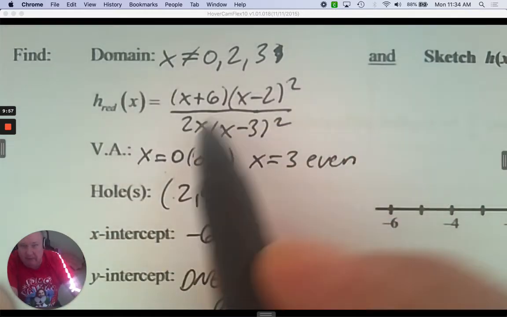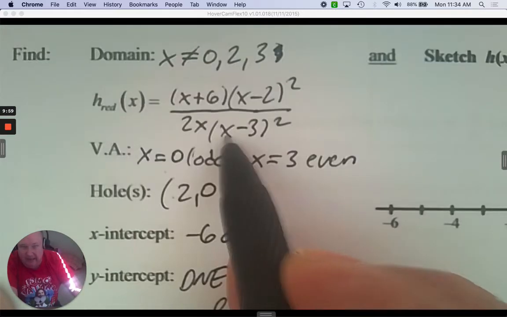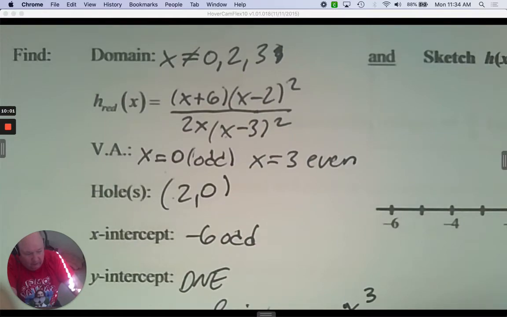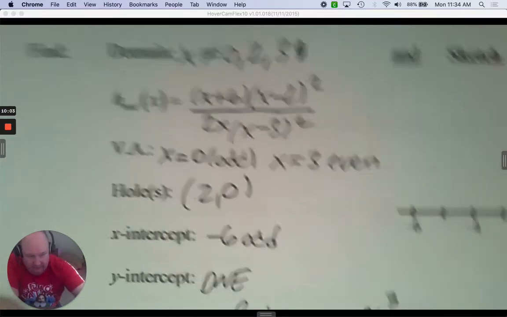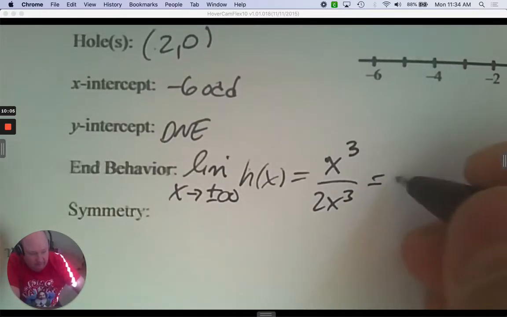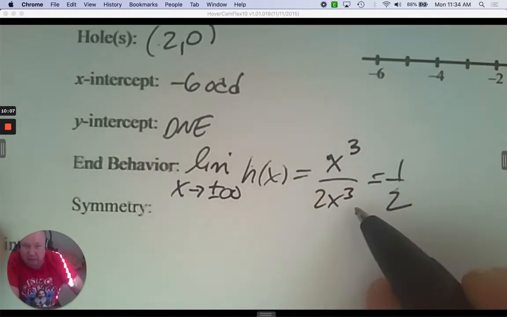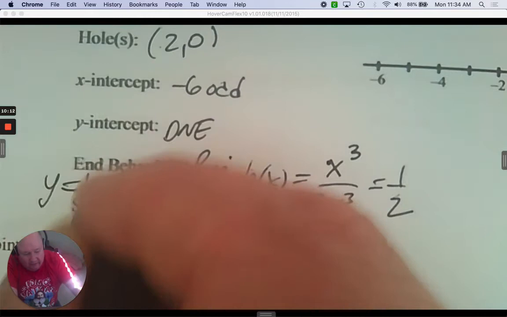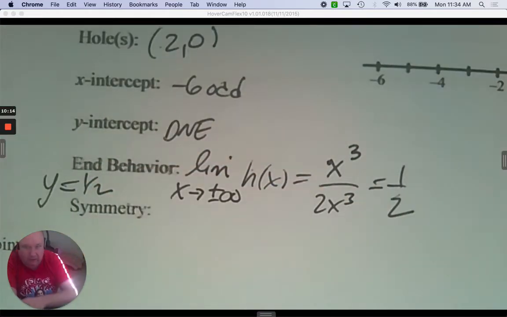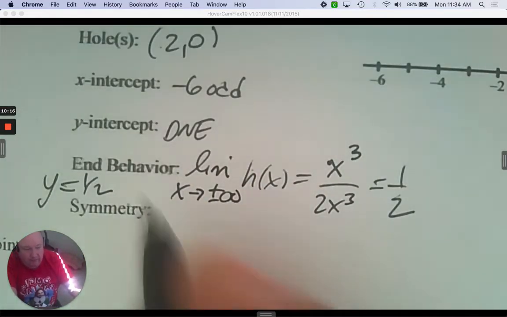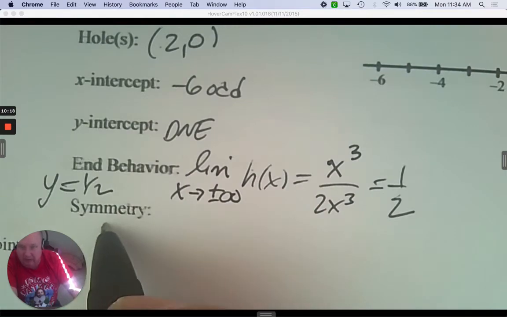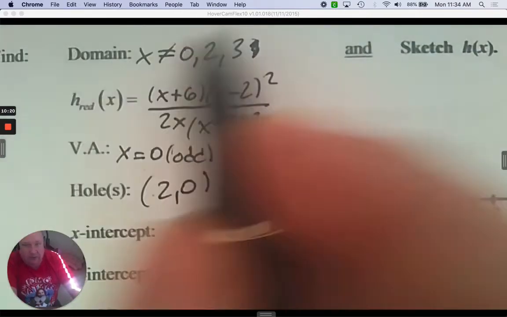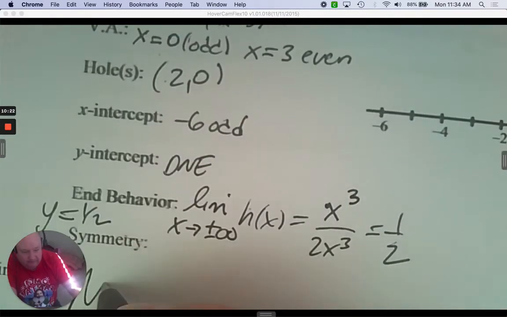In the denominator, 2x times x squared would give me 2x cubed. And then the x cubes divide out. And both the left and the right approach 1/2. Another way to write this is there's a horizontal asymptote at y equals 1/2. And for symmetry, if I plug in +1 or -1, there is no symmetry here to worry about.